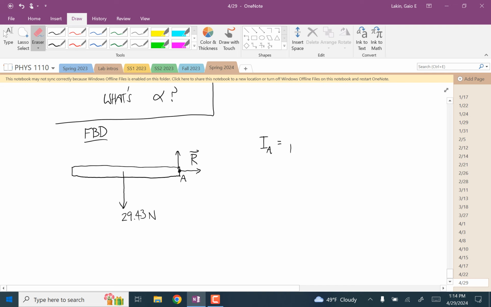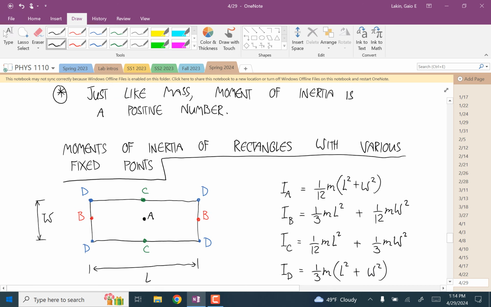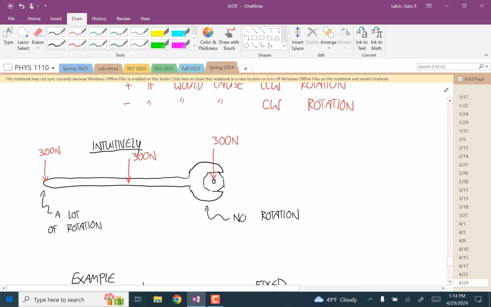Sorry. I've got to move this over a little. So this fixed point here is like one of these at B. Do you see that? And so I have to use that formula.